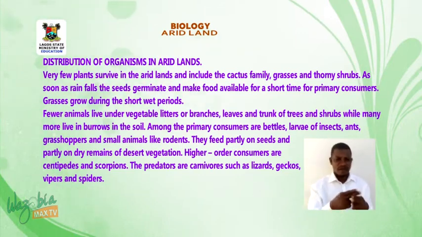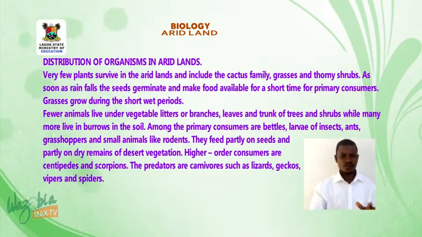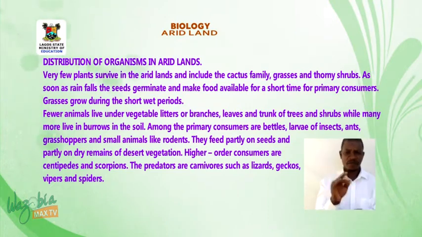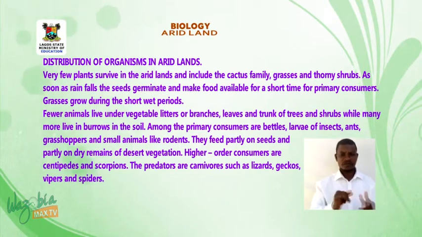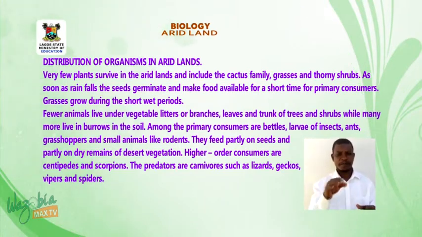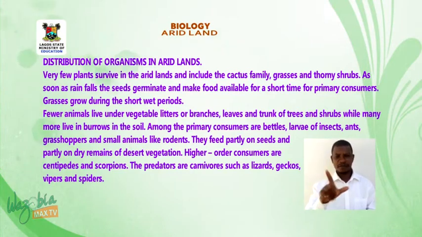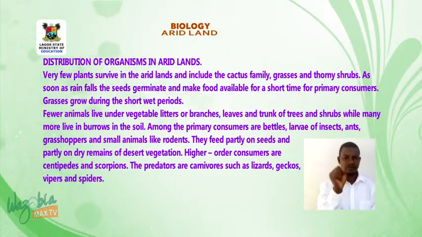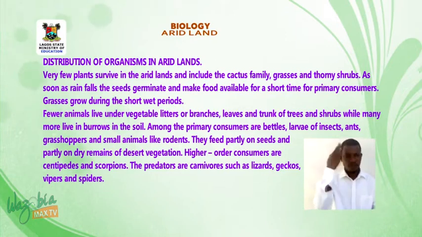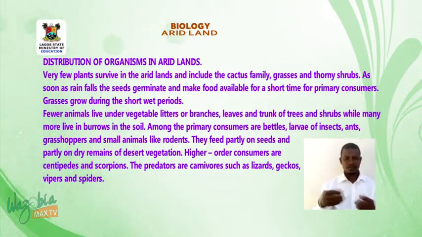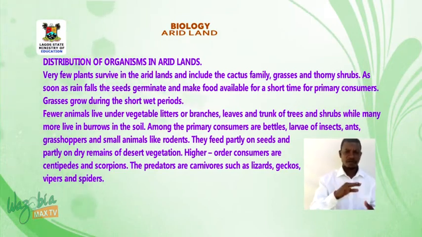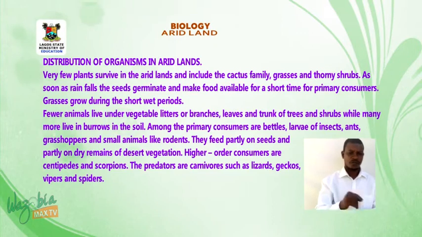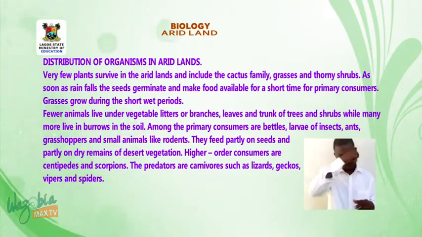Fewer animals live under vegetable litters or branches, leaves and trunks of trees and shrubs, while many more live in burrows in the soil. Some animals burrow into the soil just to escape the heat of the arid land.